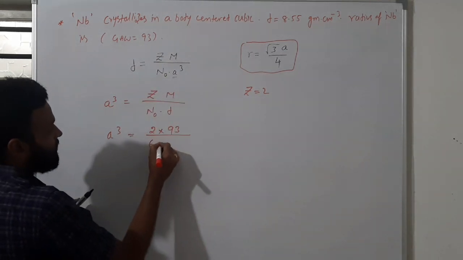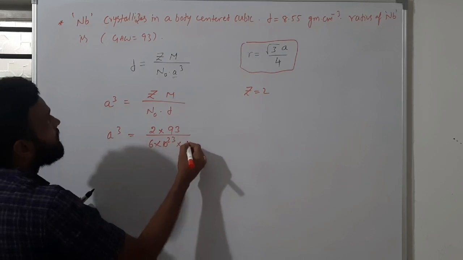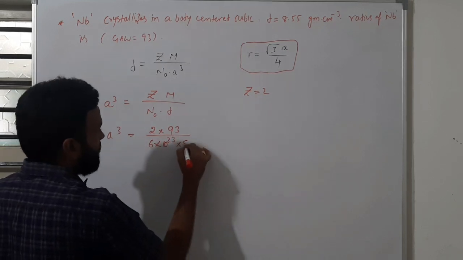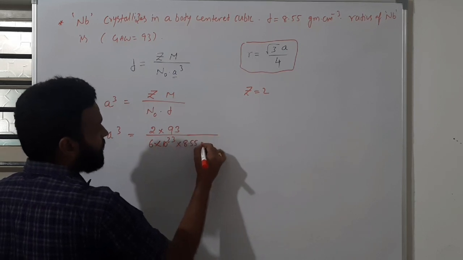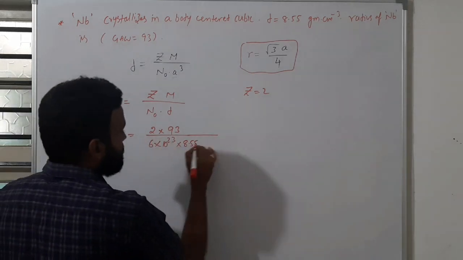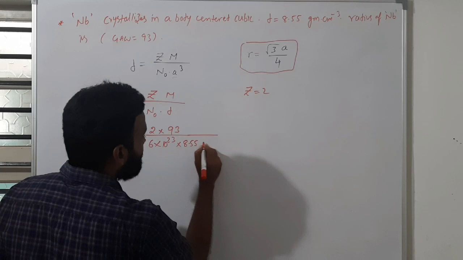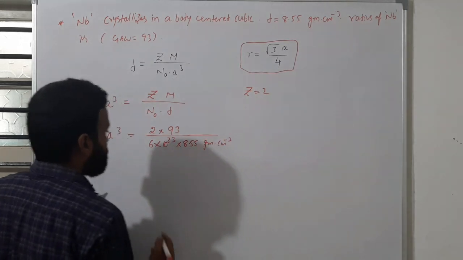Okay, so Avogadro number 6 into 10 power 23, into this density that was given as 8.55, in gram per centimeter power minus 3.